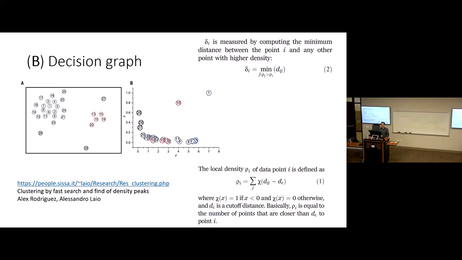So this is using a so-called decision graph, basically trying to find outliers and improve, but still with very limited modifications. So we are not going to talk too much.